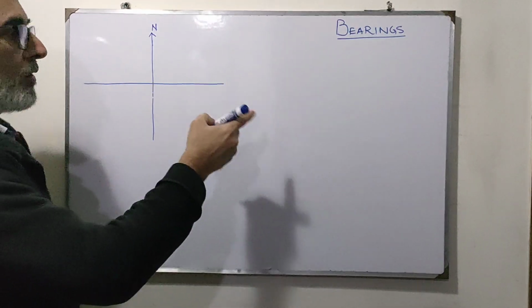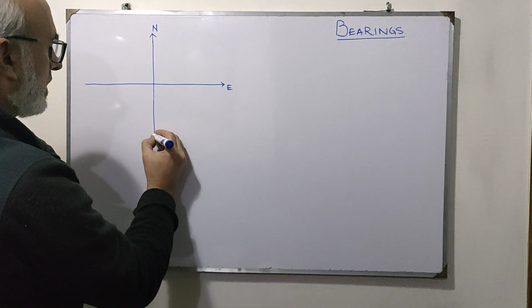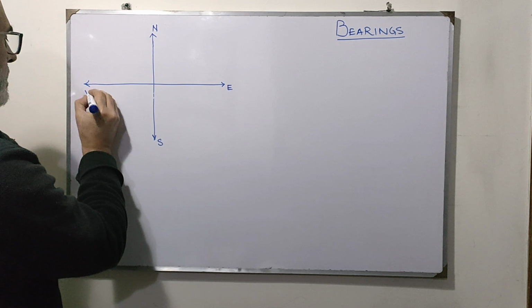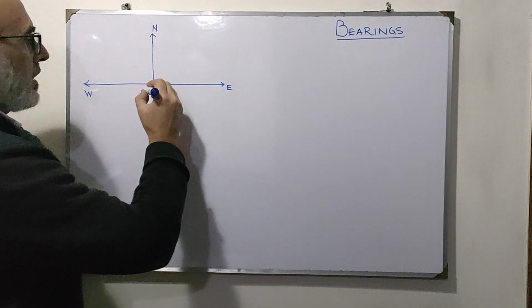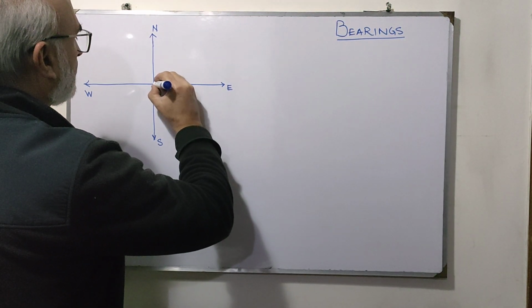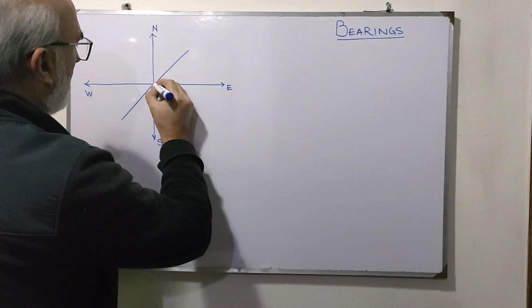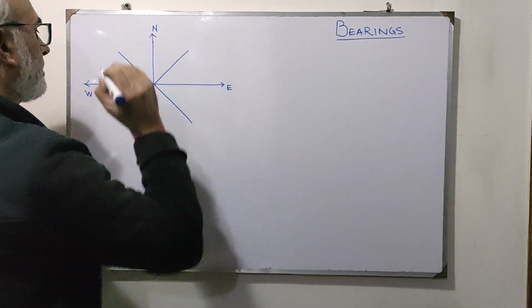Now this is our east. This is south, and this is west. Now, if I draw like this and this and this.